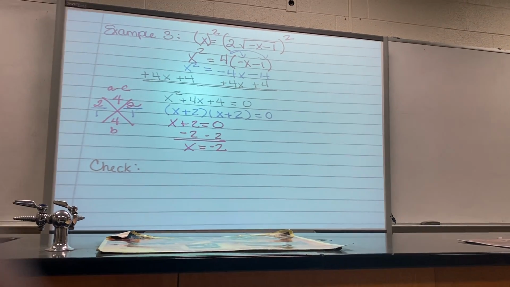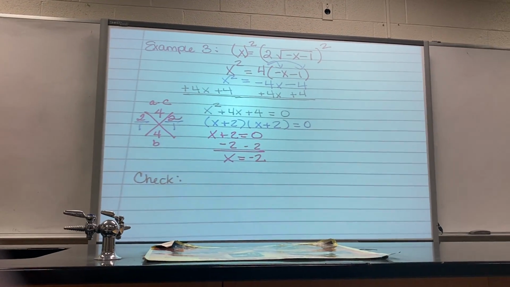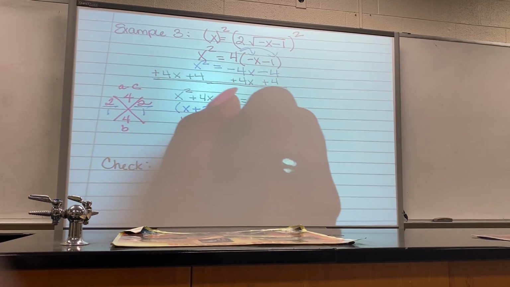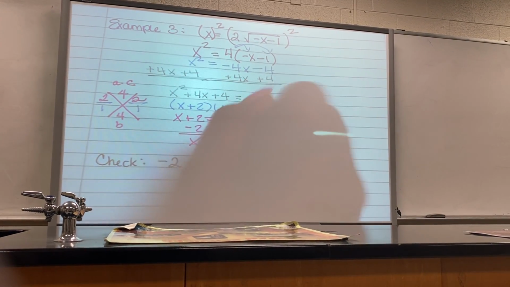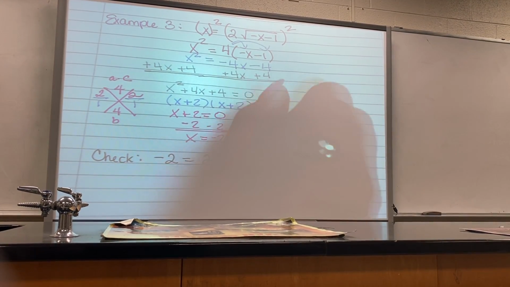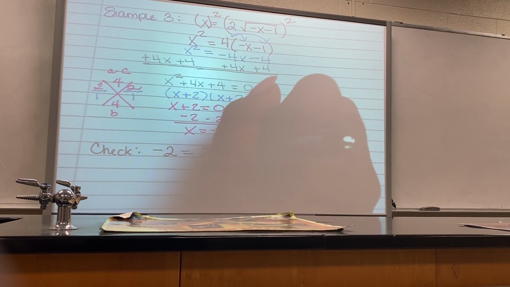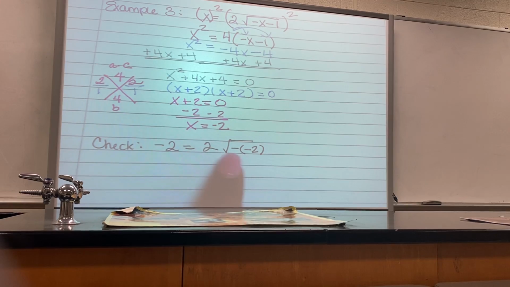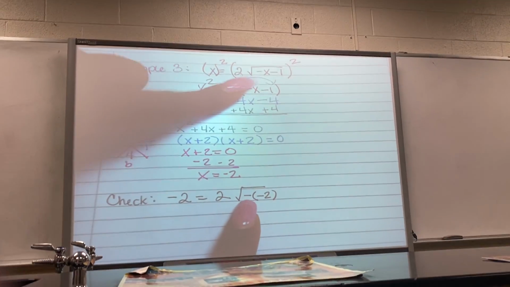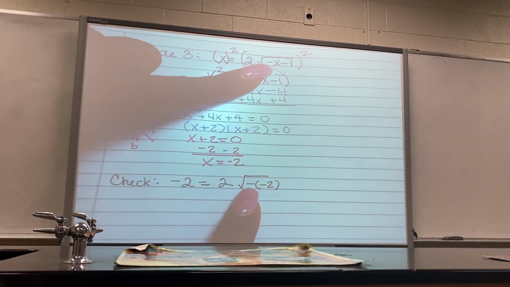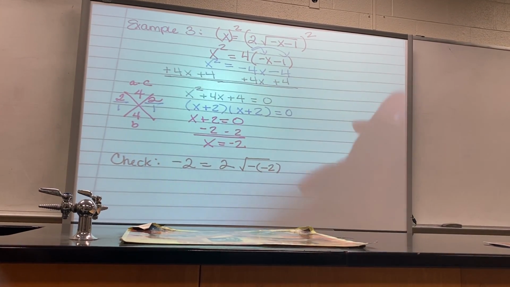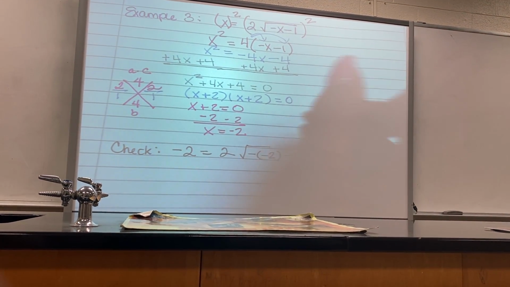Plugging it back into my original equation, I've got negative 2 is equal to 2 times the square root of negative 2. Mind you, this negative is coming from the original problem. My negative 2 from the answers inside parentheses, and then minus 1.